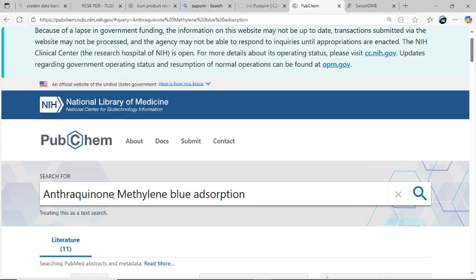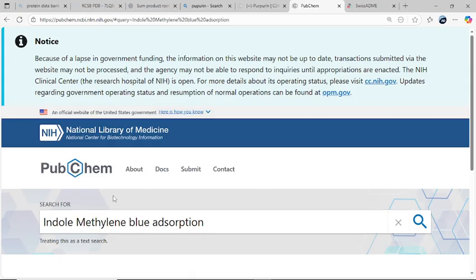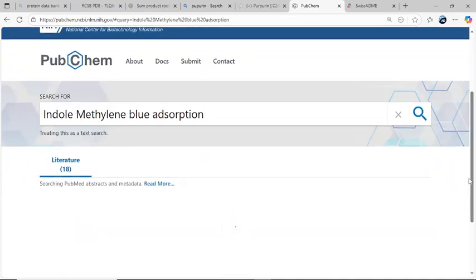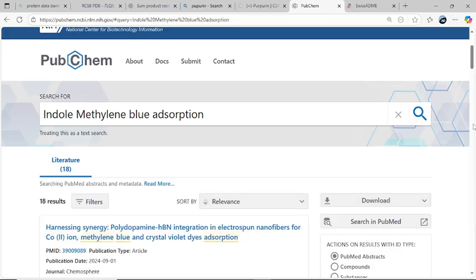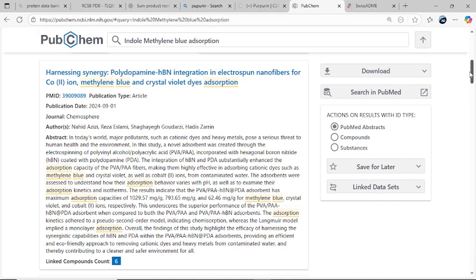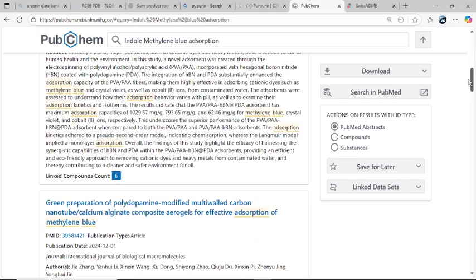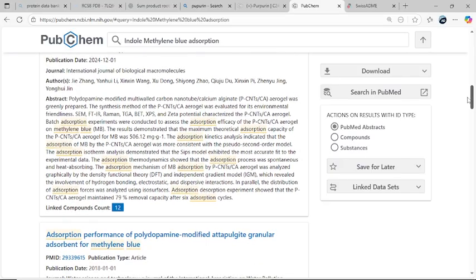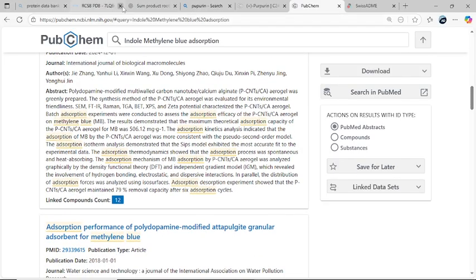Let's see indole. You just keep testing different classes of compounds, see the ones that can give you a result. Okay, let's just try AI. Let's see.